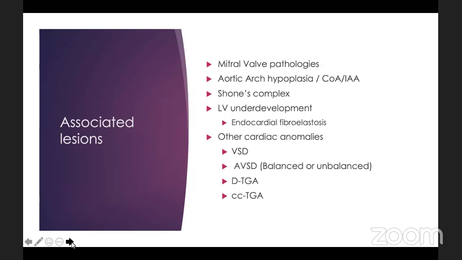Other cardiac anomalies could present with left ventricular outflow tract obstruction, and that can change dramatically the approach to dealing with these cases, starting from a simple VSD, an AV canal, whether balanced or unbalanced, DTGA and CCTGA. These can all be associated with forms of left ventricular outflow tract obstruction, and that has to be addressed at the time of planning your management.